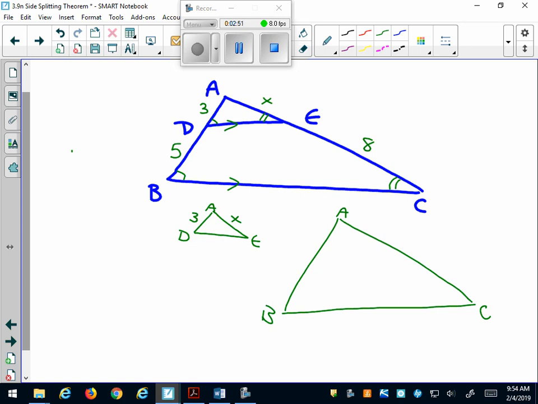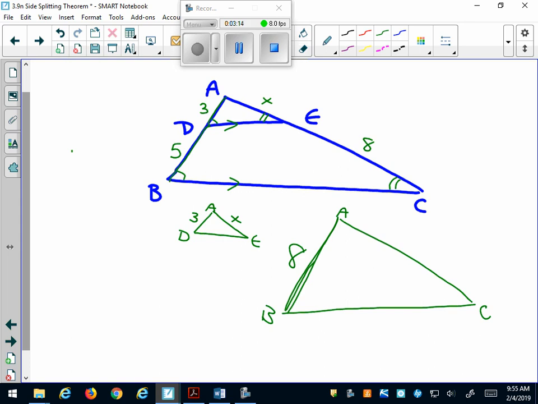I'm looking just for x. In the bigger triangle, what's the length of AB? 8, right? Because it's 3 from here to here, and then another 5, and that makes it 8. So when you label the overlapping triangles, label them carefully. So we did 3 plus 5 to get 8.